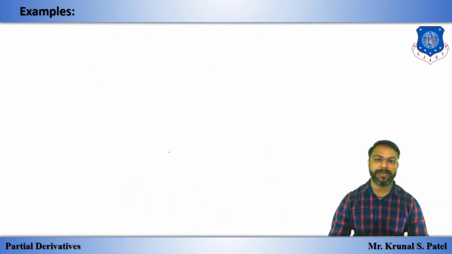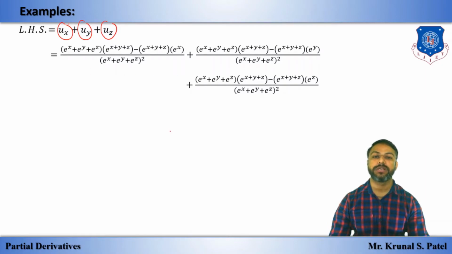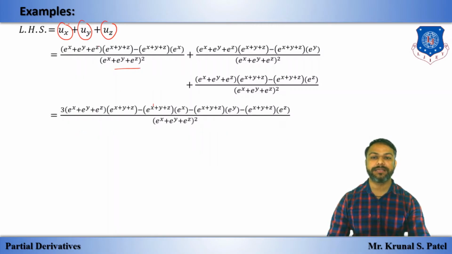By putting the values of equation 1, 2 and 3 in the left hand side, let's have a look at what happened. So write down LHS and put the values of ux, uy and uz, these three values. Now the denominators are the same, so taking the common denominator, and by adding the numerators we can see clearly this first term appears 3 times with plus sign, so 3 times this first bracket, and minus of this term and minus of this term as it is.